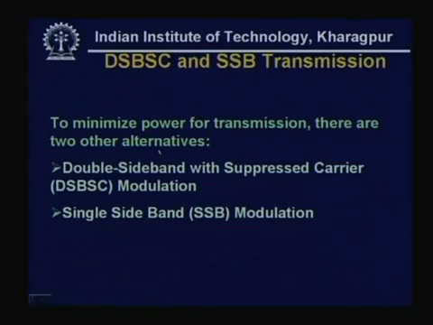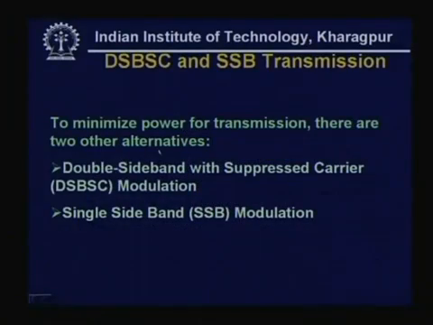Now, for recovery purpose, do you really need all the three frequency components? It has been found that we can recover the original signal even when the carrier is not transmitted. That means, even if we have only two sidebands, then we can recover.